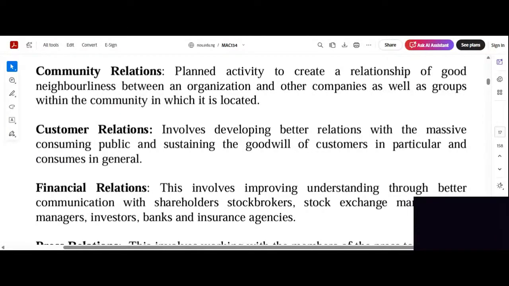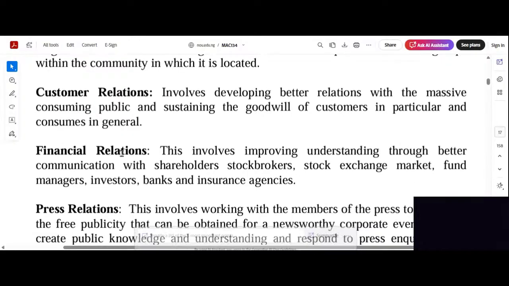Those are the potential customers, people that are purchasing the products that the company is offering. And sustaining the goodwill of customers in particular and consumers in general. They help us in creating good relationships with the consumers.